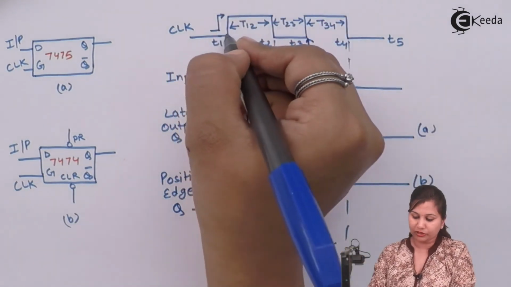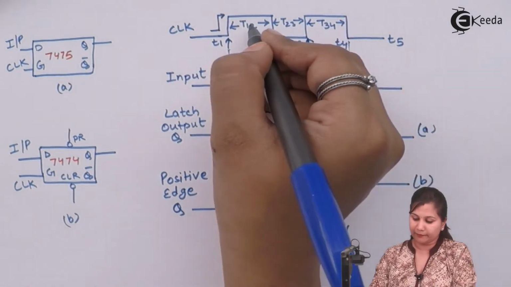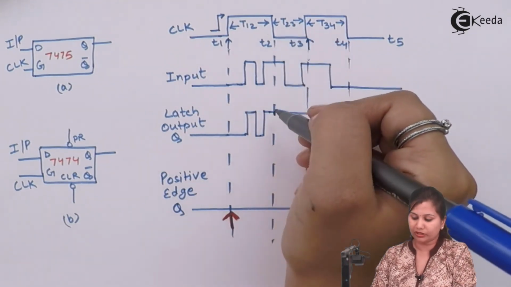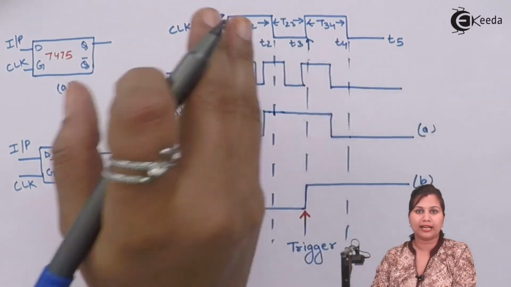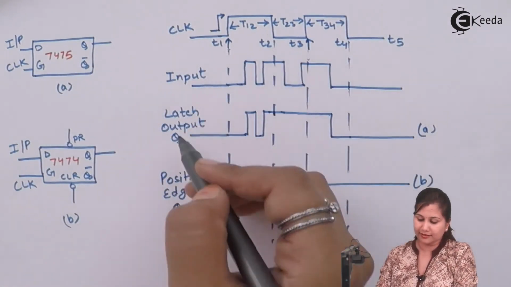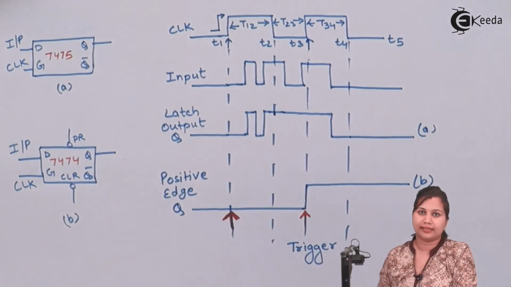So whenever the clock pulse is given, the output will change according to the input, and when the clock pulse is not given, then that output will be latched until the next clock pulse. So this is the case of the level triggered latches.